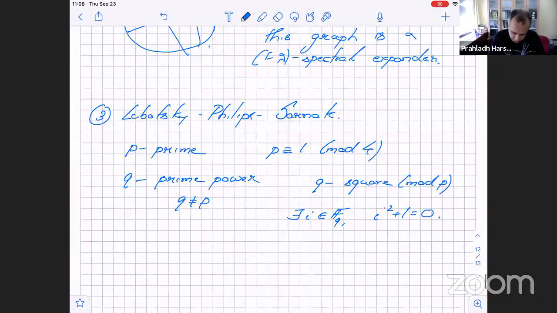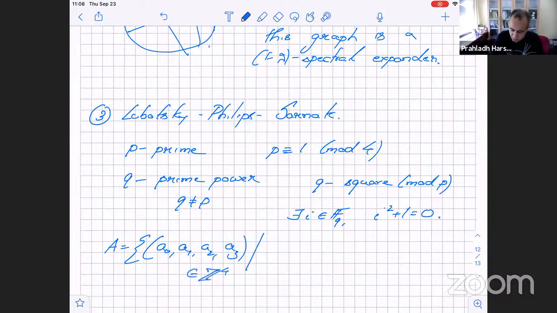Let's look at this set. This construction will seem strange, but let's look at the set of A0, A1, A2, A3. I haven't yet described the vertex set at all. I'm just defining some other object now. These are objects in Z to the 4, which have the following property. A0 is an odd positive integer.